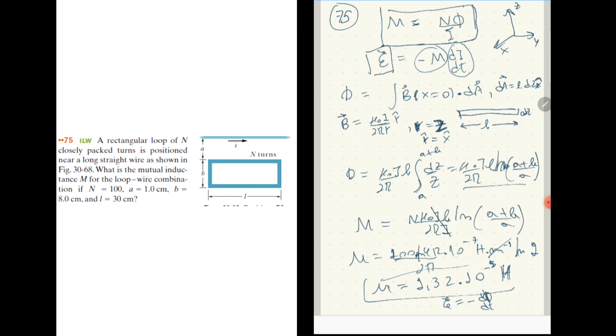If you see this expression, when you derive it with respect to time, the only thing which depends on time is the current. So you get a derivative of the current with respect to time, and the proportionality factor equals the multi-inductance. So this is almost the same approach.